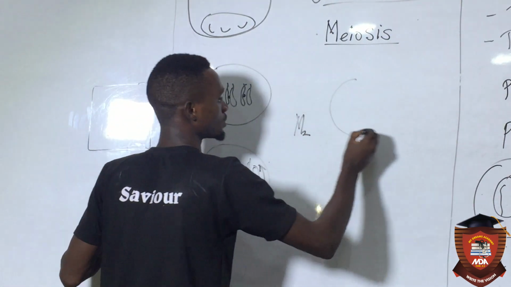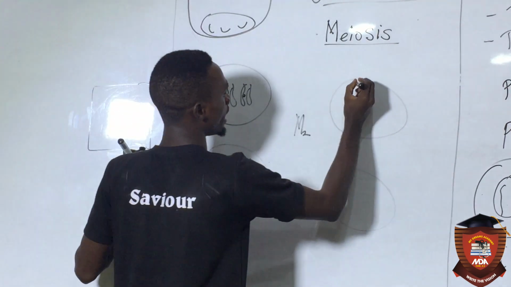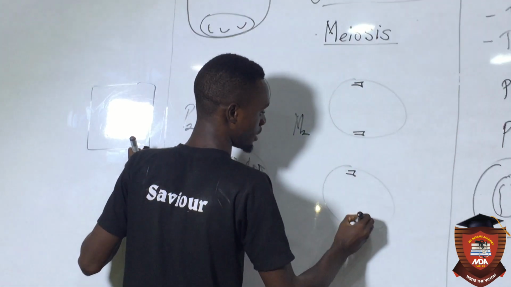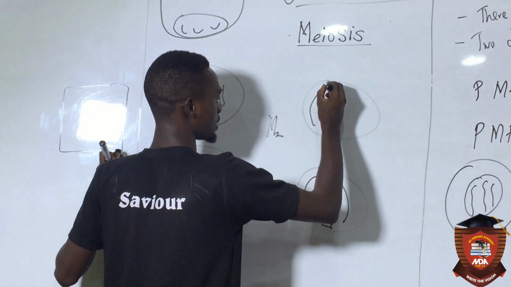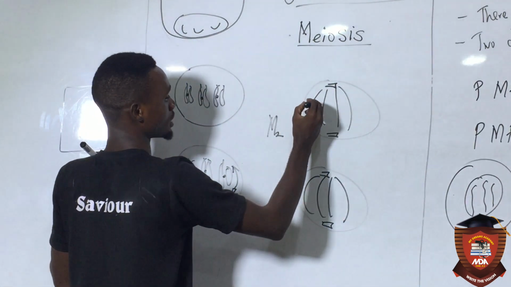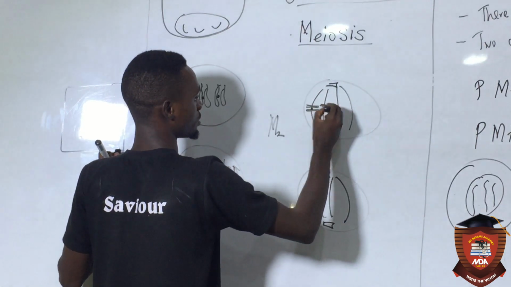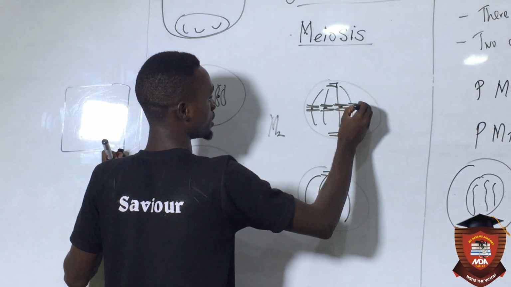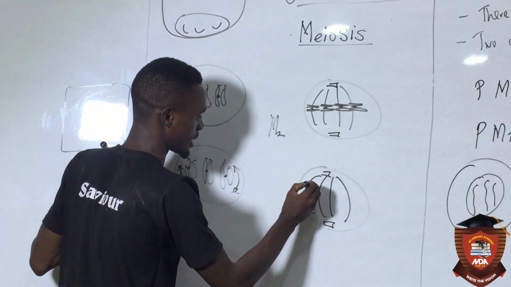M2. The spindle fibers have been formed. Centrioles are at both ends, and they have formed spindle fibers again. Once again, the chromosomes are arranged at the equator.